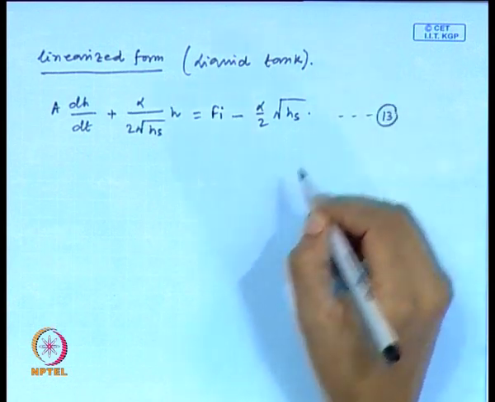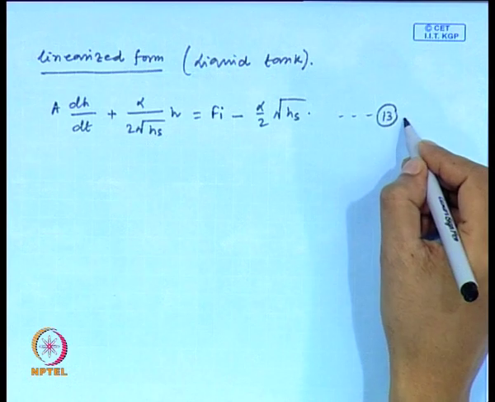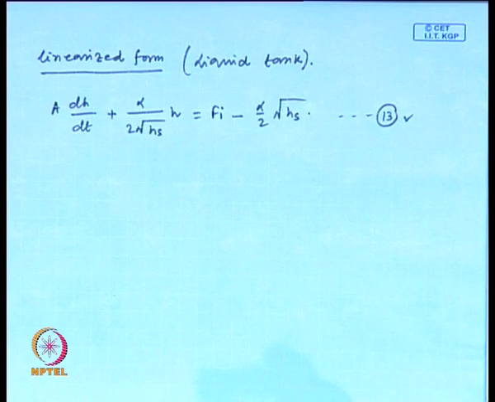Say this is equation number 13. We get equation 13 from equation 8 directly, fine. So, for the liquid tank system, this is the linearized form.